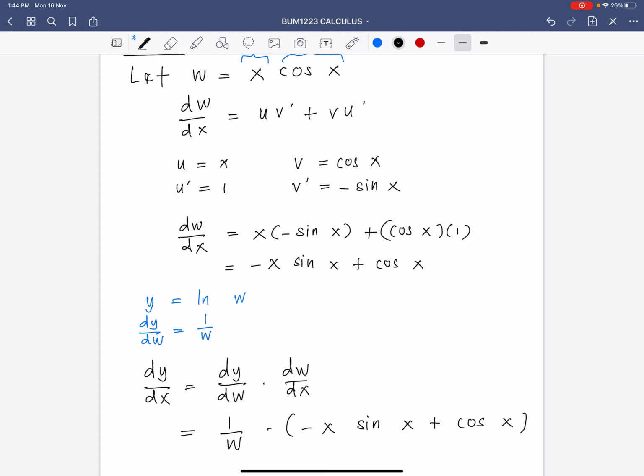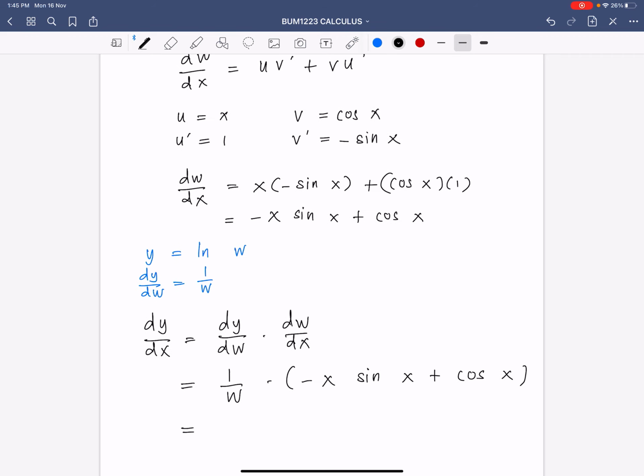Okay, and just now we know that our function is in terms of x, but here we still have the variable w, so we need to substitute this w so that dy dx will be in terms of x, where we know that w is x cos x.